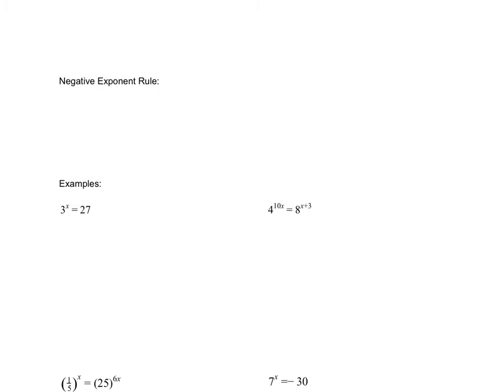One of the biggest rules we're going to have to remember is what's called the negative exponent rule. Now, if you recall, the negative exponent rule said this. If we have a to the negative m, that is the same as saying 1 over a to the positive m.